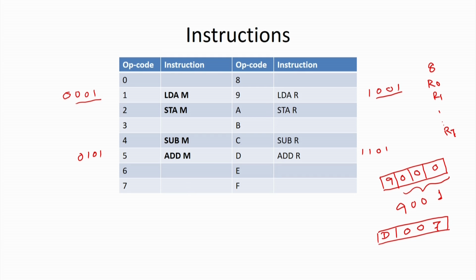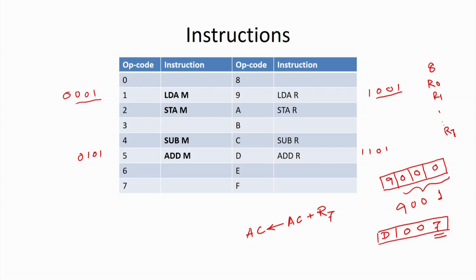It is an addition with a register. This instruction is basically accumulator equals accumulator plus R7. We are referring to this particular register, R7. So the effect of this instruction is like that, and similarly you can interpret the others.